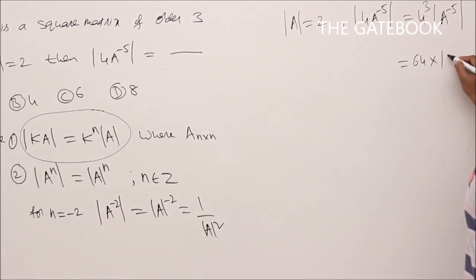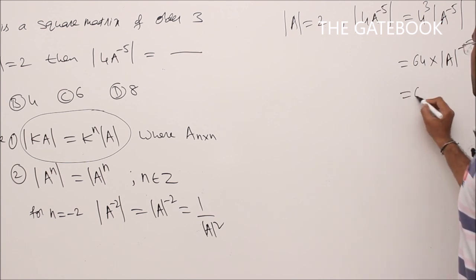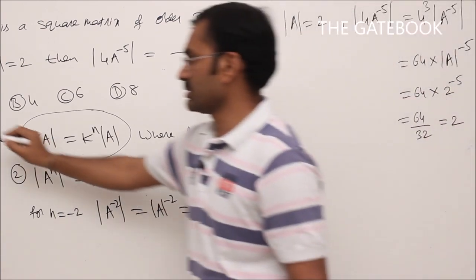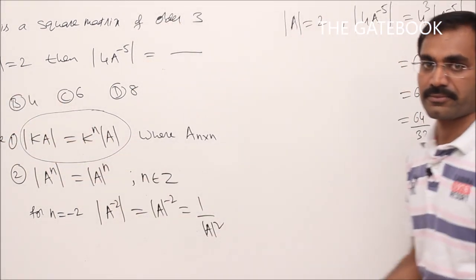So I can write det A power -5, that is equal to 64 into 2 power -5, since det A value is given as 2. We will get 64 by 32, that is equal to 2. So for this problem, 2 is the correct answer.